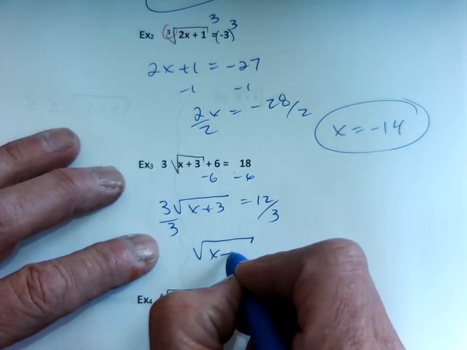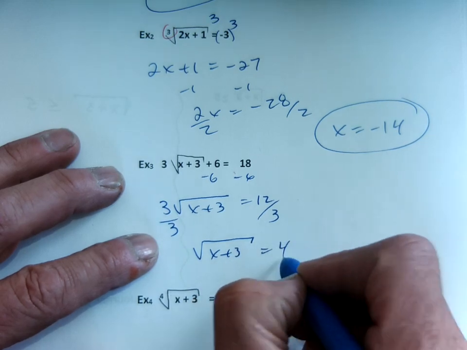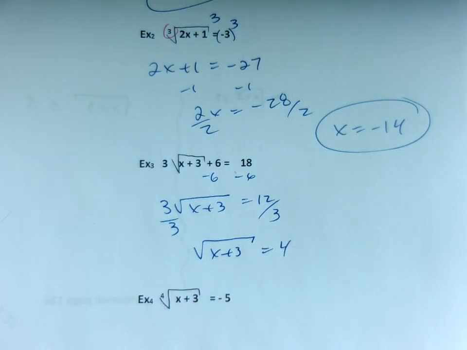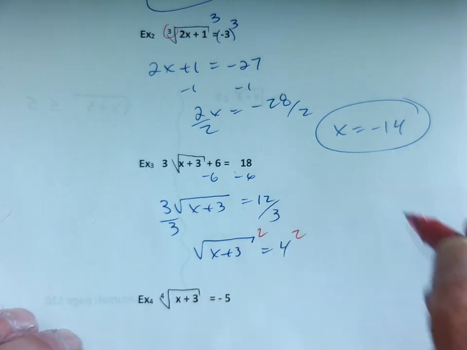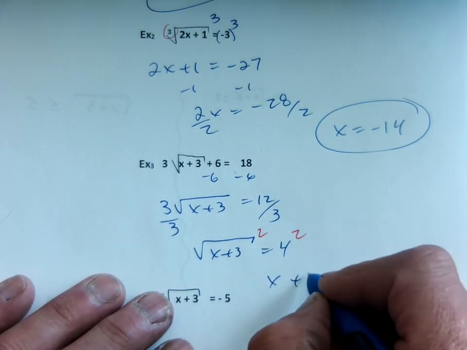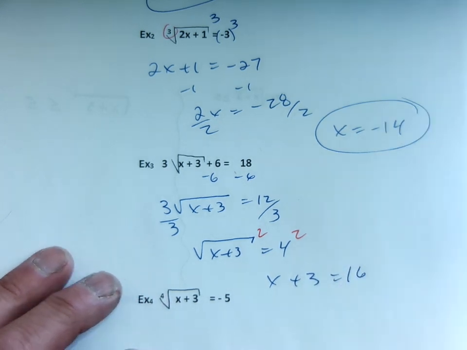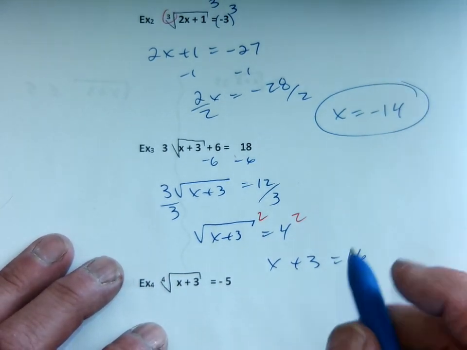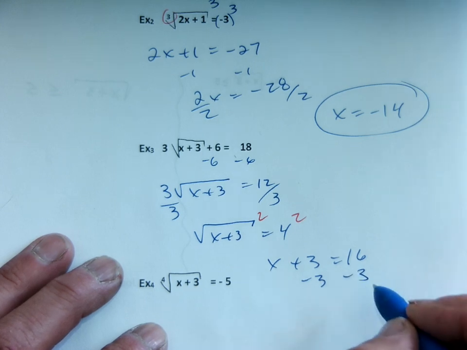The square root of x plus 3 equals 4. I'll square both sides, right? Because the square will cancel the square root. x plus 3 equals 16. -3, x is equal to 13.